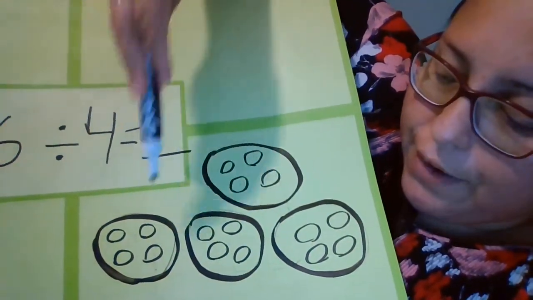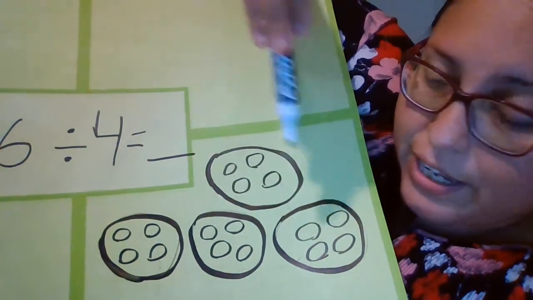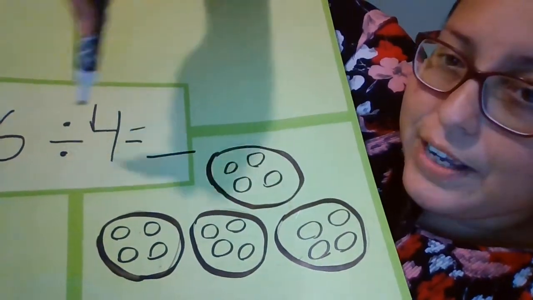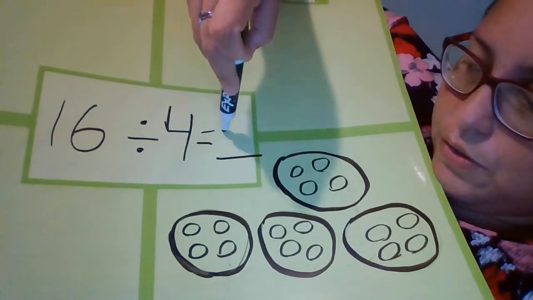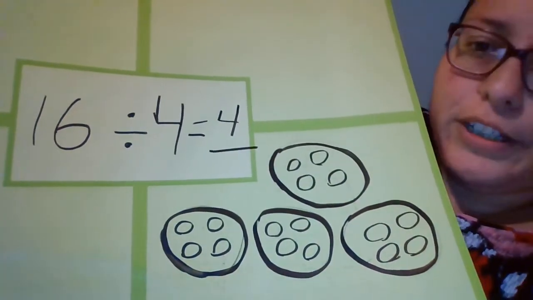There's 4. Everybody got 4. Each vase has 4. So 16 divided by 4 equals 4.